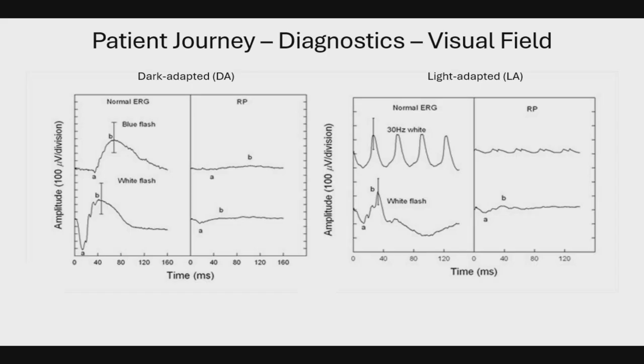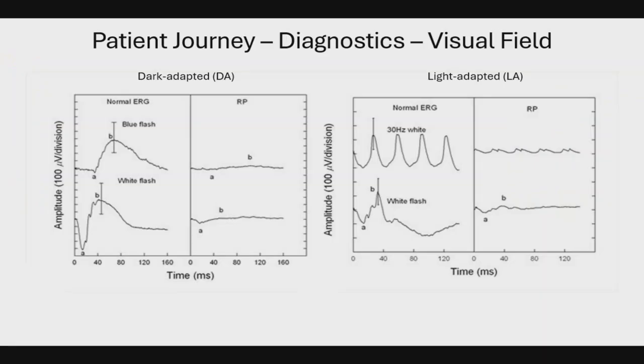one typical ERG. On the left side, you see the normal ERG reactions. The box on the left side is the dark adapted standard. On the right side, the light adapted standard. It uses here a blue flash and a white flash.